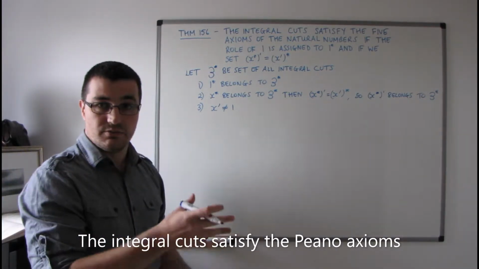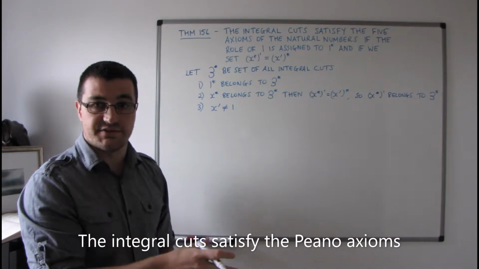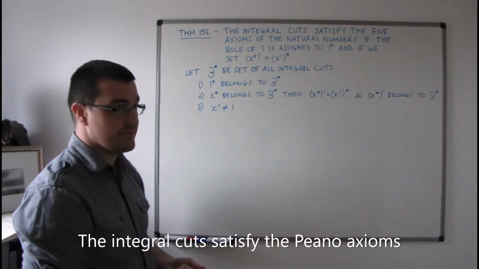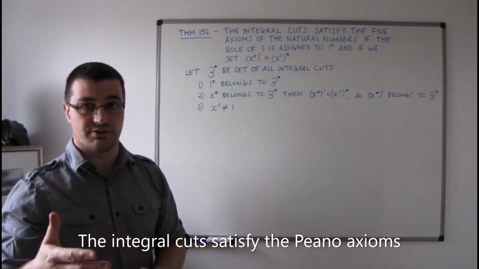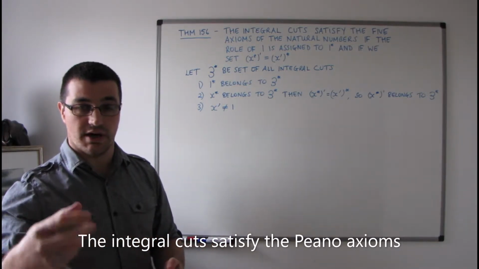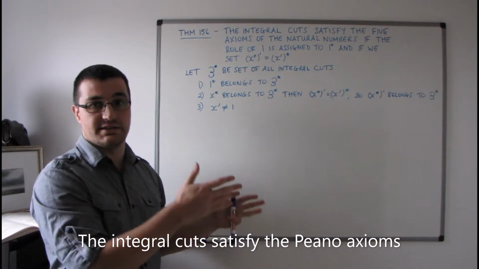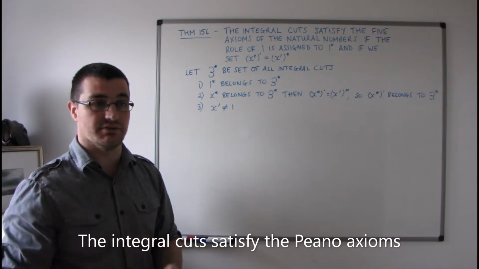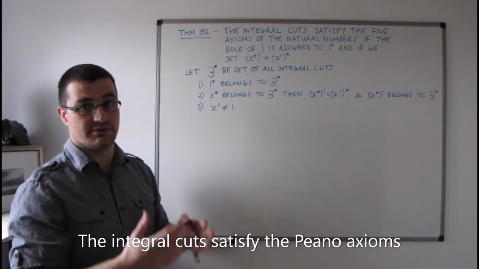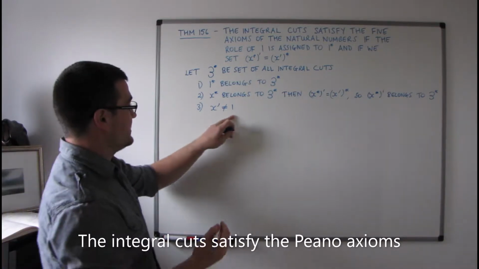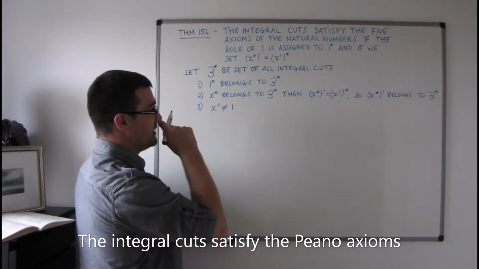Now think back to what I showed at the start of this video, Theorem 154: if rational number x equals rational number y, then x star is equal to y star; if rational number x is greater than rational number y, then x star is greater than y star, etc.